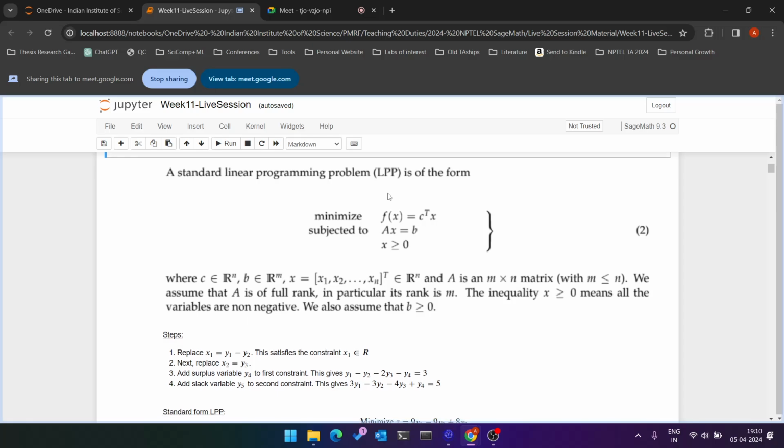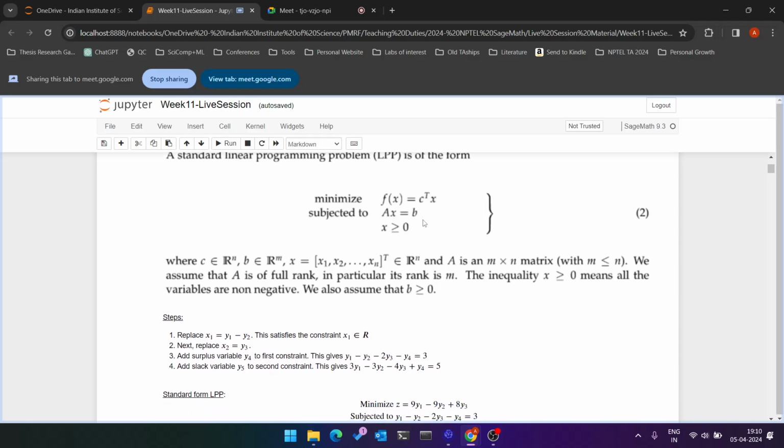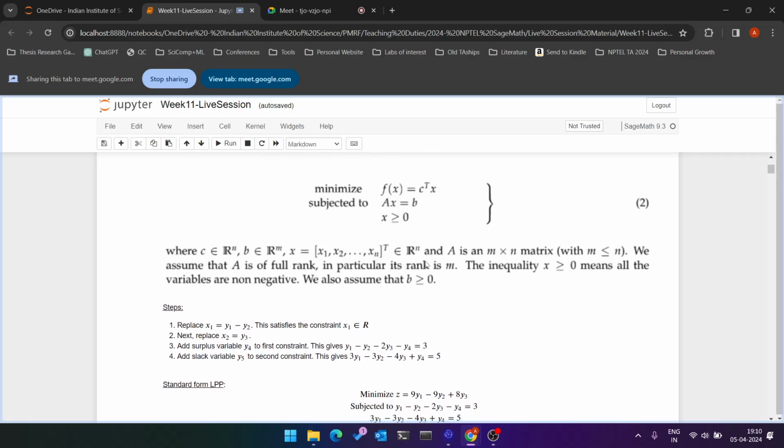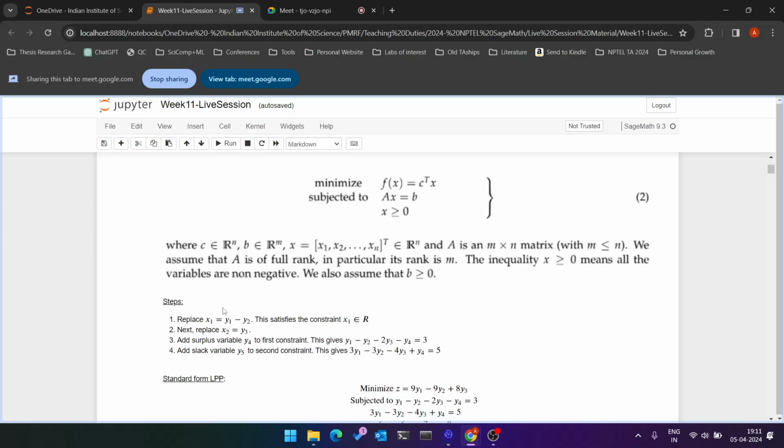So, like we have learned, this has the form of an objective function f of x equal to c transpose x to be minimized, subject to the condition Ax equaling b and x greater than or equal to 0. Here we note that c, b and x belong to Rn and Rm according to their dimensions, and A is an m by n matrix with full rank, with m less than or equal to n.